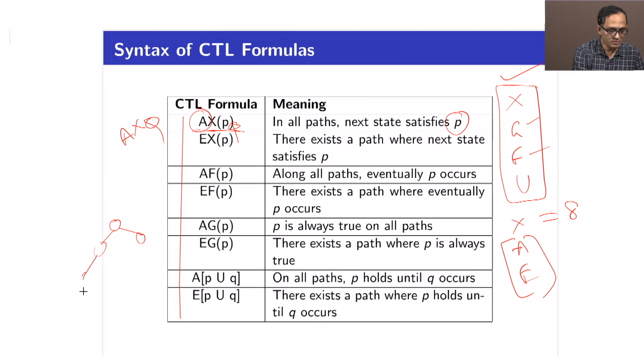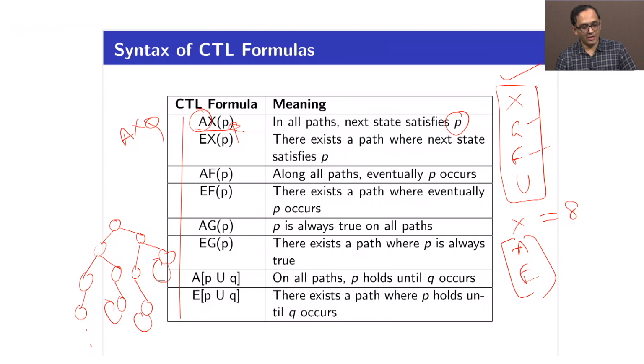If I try to give an example, let us say I have a branching tree like this. I am taking a very simple example. Now, I am saying that from this node, because this is my starting node, AXP means, there are many paths possible, which I have already talked about. From here there are many paths.